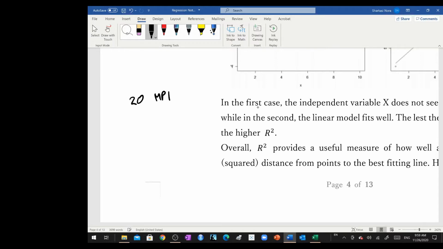For example, take a look at velocity. Say there are 2 vehicles, and one is traveling at 20 miles per hour. The other is traveling at 90 miles per hour.